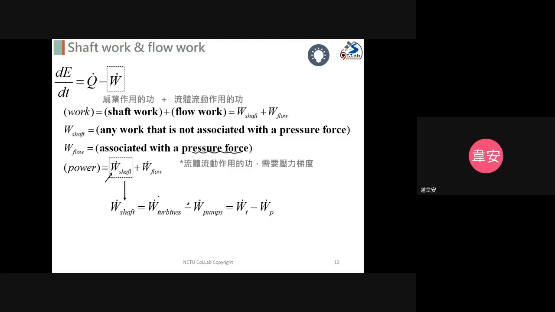And if W is positive, that means the work is done by the turbines, and the energy will go out of the system. So that's why here is W turbine minus W pumps.